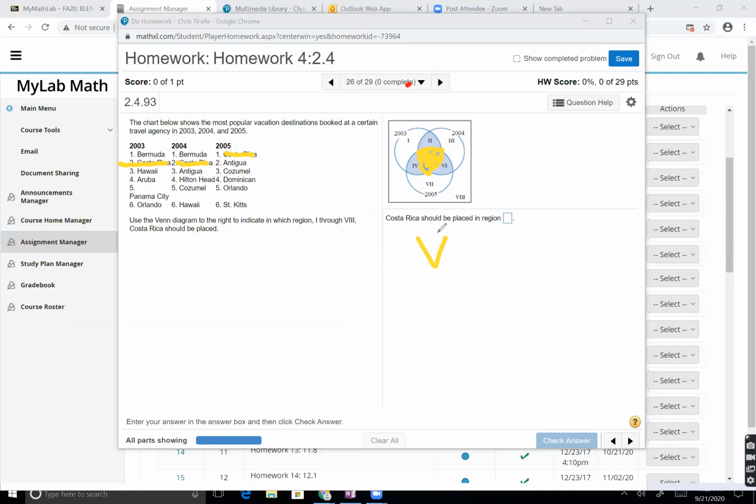For when we have to put the regions in numeric form, what order are we supposed to put them in? Because I kept getting it wrong, I guess I was putting them in the wrong order. If there's a question where they ask you what region it should be in, the diagram should have the regions labeled for you already. Like this diagram already had the regions labeled.